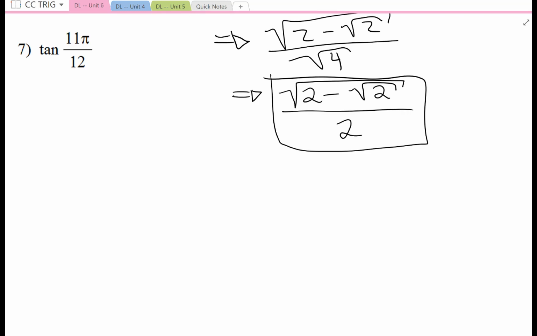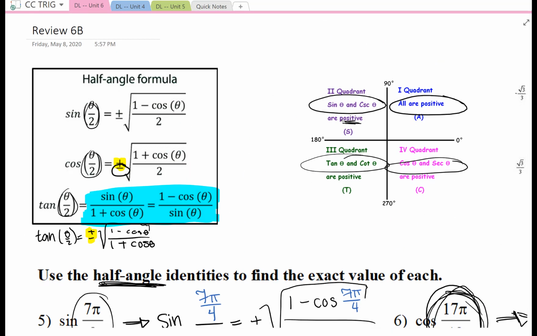Tangent. This is where most people run into issues because there are so many options for the tangent formula. My favorite one, however, is this one because it only has one piece in the denominator, and that tends to be easier to work with. I am going to skip using the one with square roots in it altogether, okay?